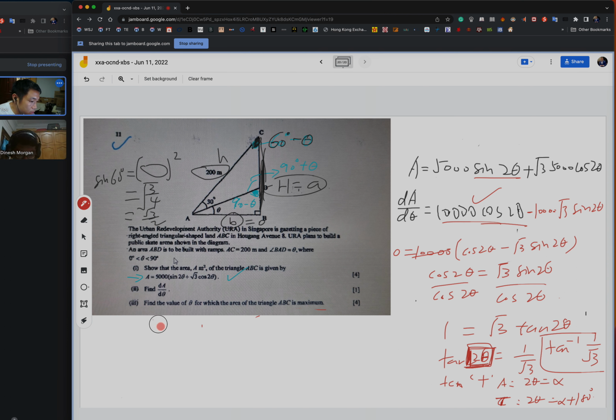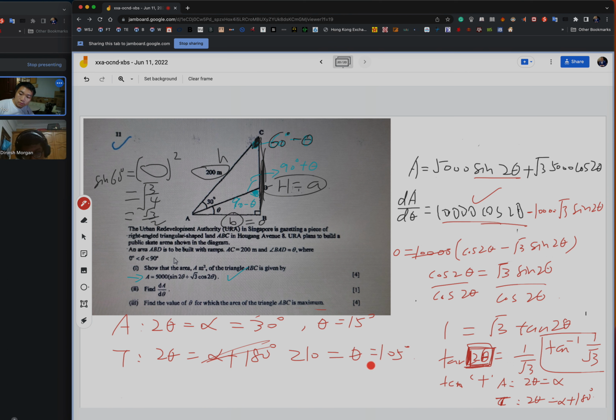So therefore 2 theta is equal to alpha is equal to 30°. The 30° is in A. So therefore 2 theta equals to basic angle plus 180. Can you see that your basic angle is actually 30, so it's equal to 210. So your theta is equal to 15. That's one answer. Then the other one is theta equals to 105.